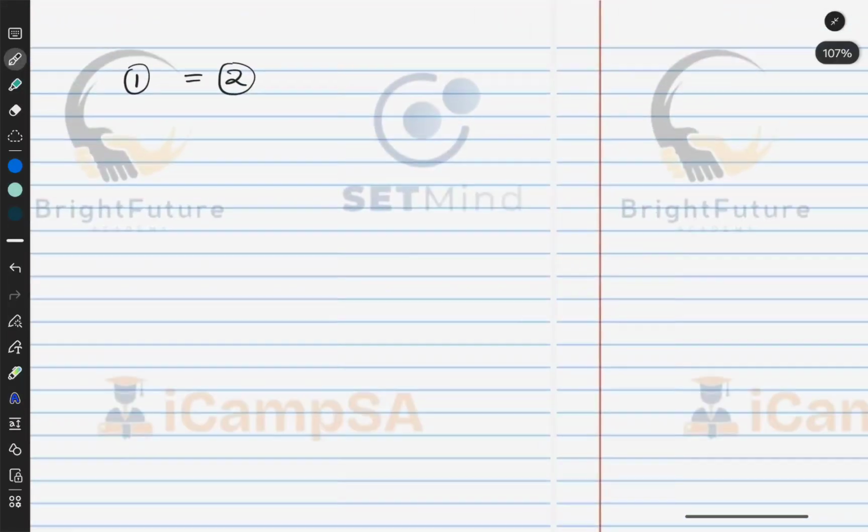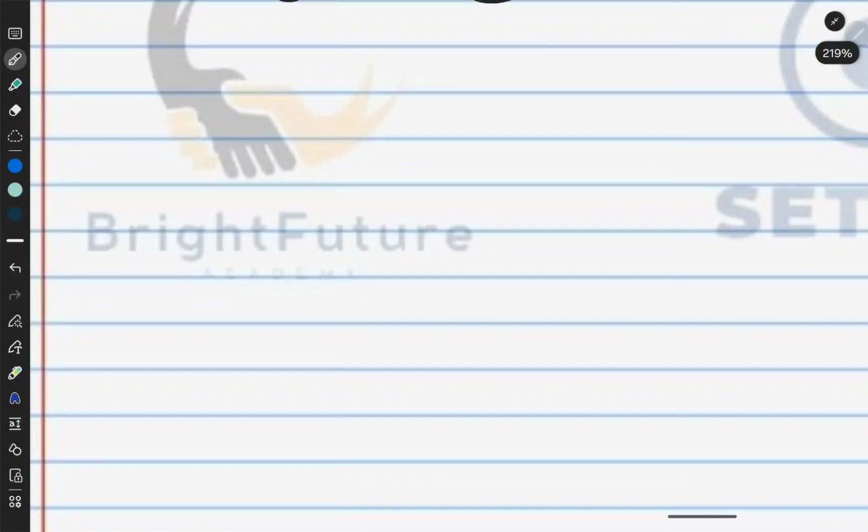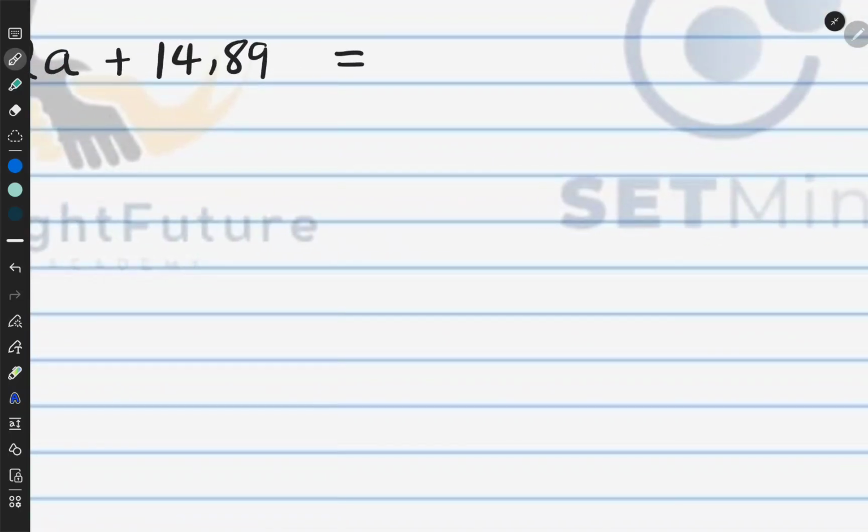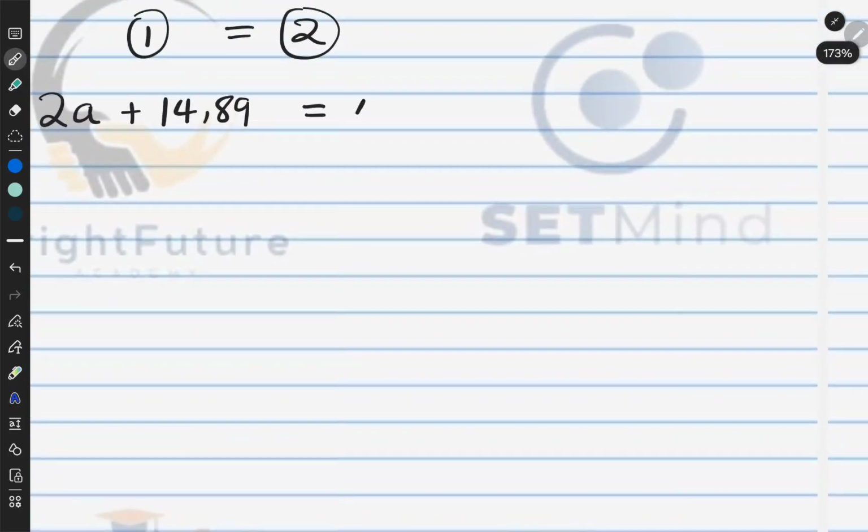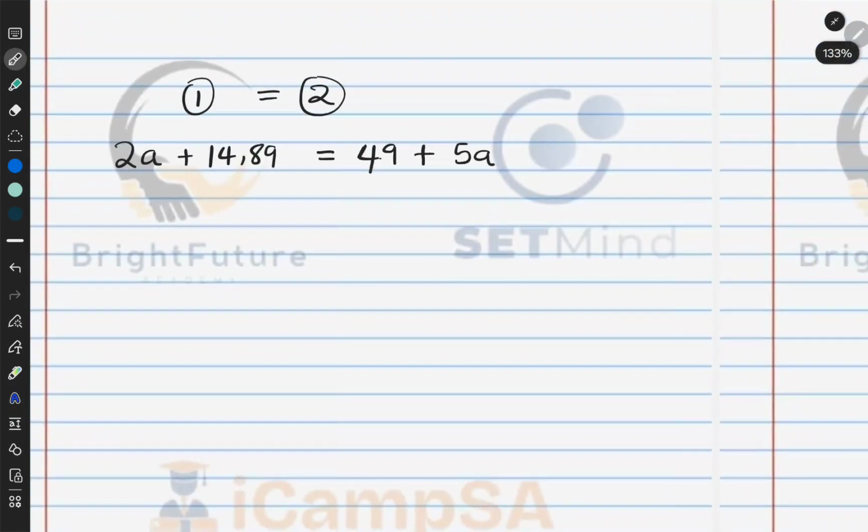So when you're not good with your maths, your physics will also suffer. You must fix your maths, because your physics is nothing without your maths. Say this was 49 plus 5a. From here, it's just all about grouping, and then you divide, and then you find your answer.